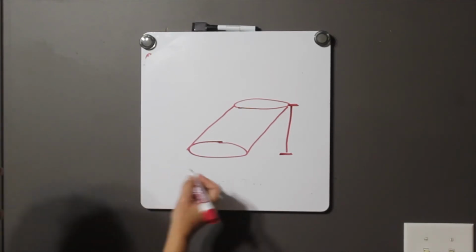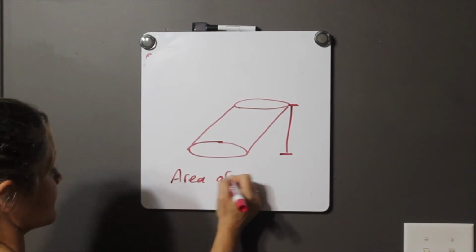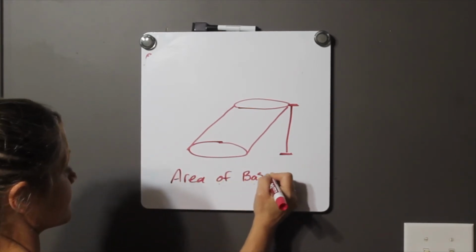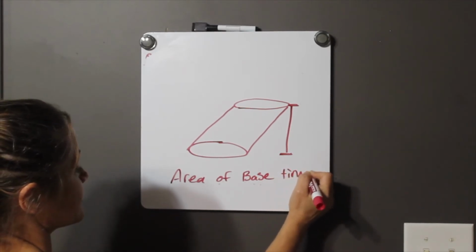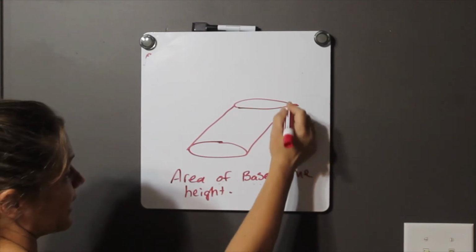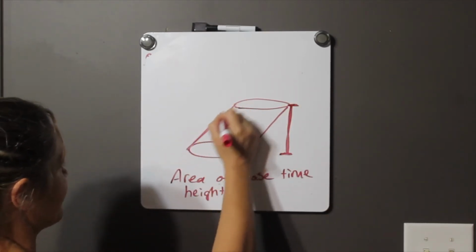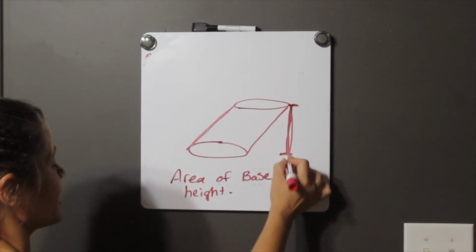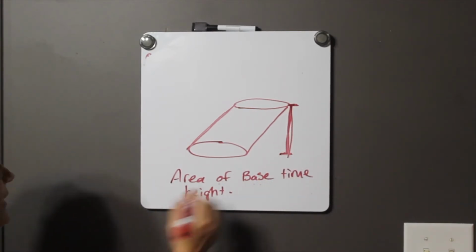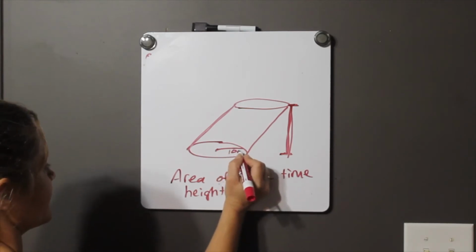So we're going to do the area of the base times the height, or the altitude, the distance from the top to the bottom. We're not going to measure the slant height, we're going to measure the actual height. Alright, so let's say that this was 10 centimeters.